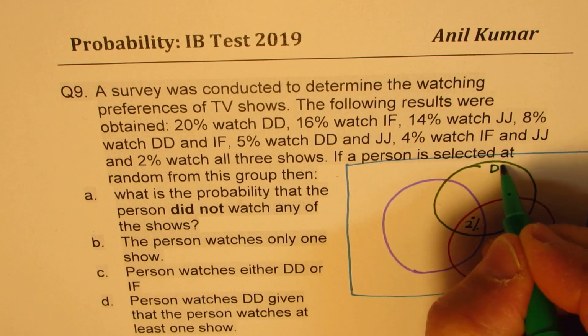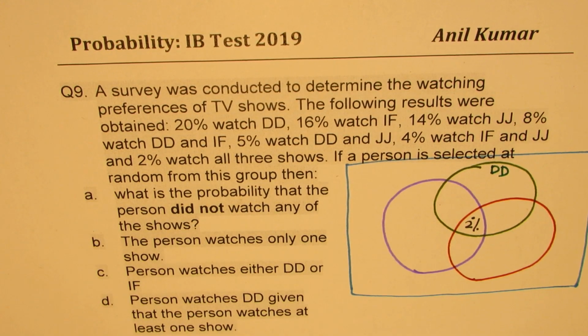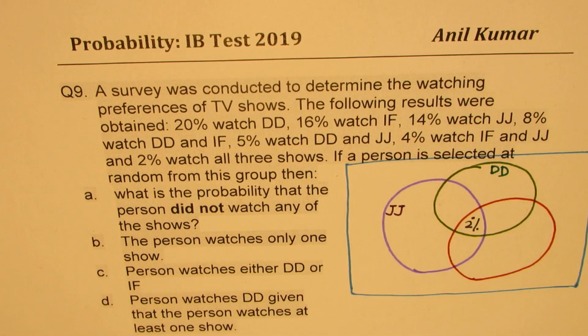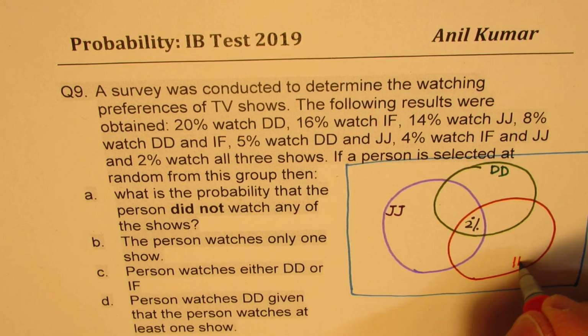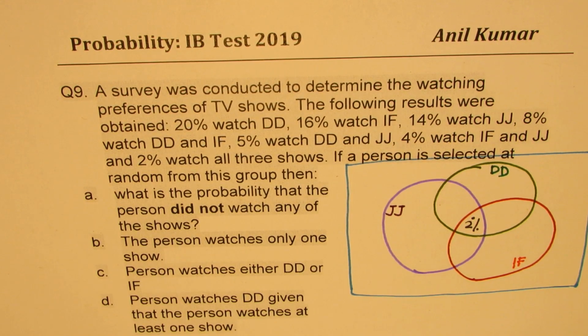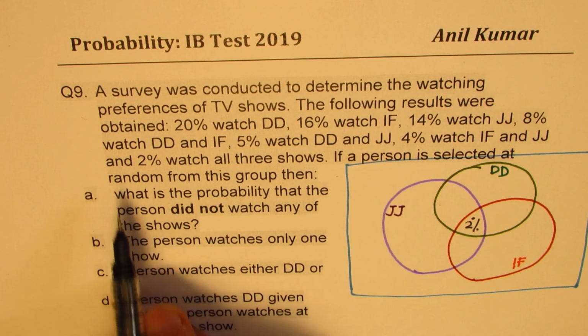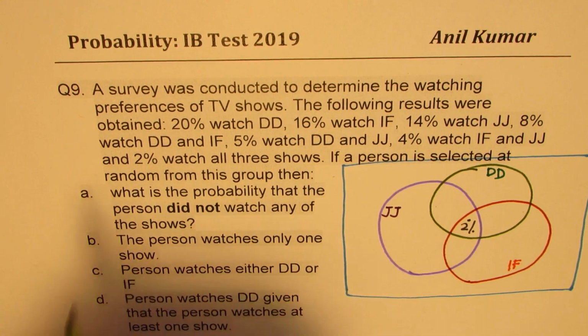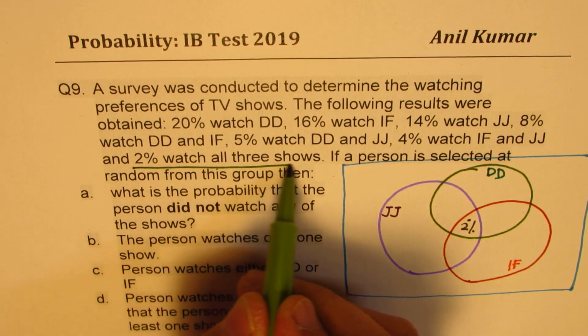So this is DD, and then we have JJ, and then we have IF. Correct. So these are the 3 shows. So 2% inside. Now, we are moving in this direction. So I hope you understand. What we are doing is 2% watch all.